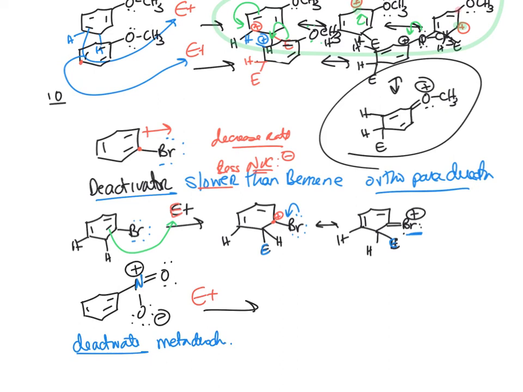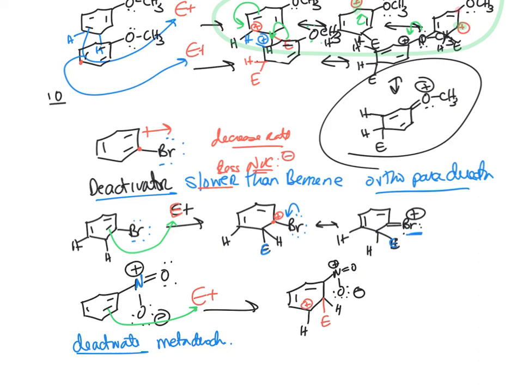Draw the additional resonance form for the sigma complex for the ortho product and the meta product. So we're going to draw the ortho product, and we're going to see why it's a meta. So here, we put the electrophile here, then we get a positive charge here.